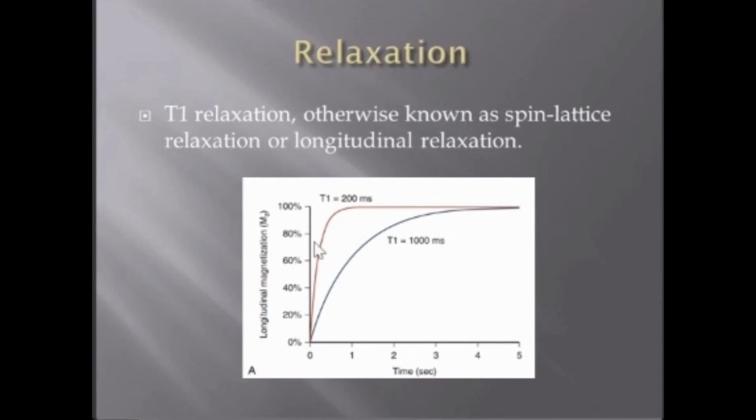The red curve describes the relaxation of a tissue with a short T1 value, 200 milliseconds. This curve shows the longitudinal magnetization is restored more quickly.